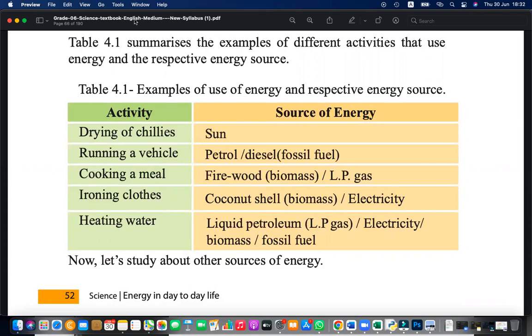Yes? Other than coconut shell, biogas, electricity, is there any other way of ironing clothes?